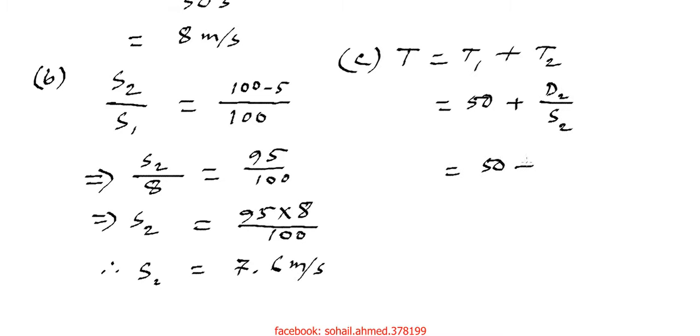So it will be 50 plus, what is D2? Distance same, 400 meter, and S2 we have just found here 7.6, right? So we are putting this 7.6. So finally the answer will be 102.63 seconds.